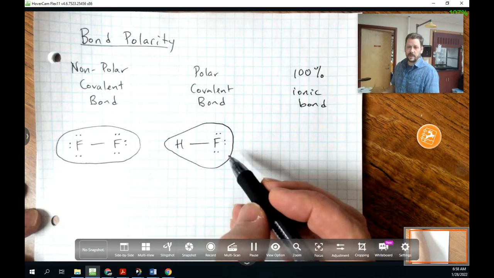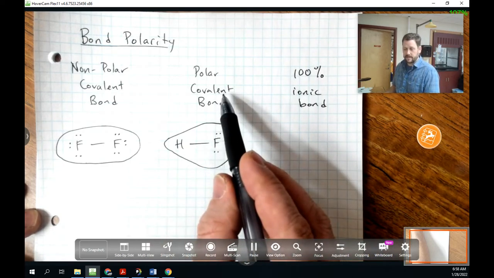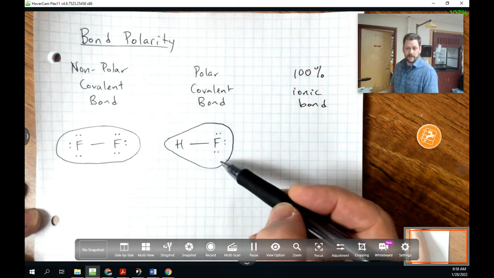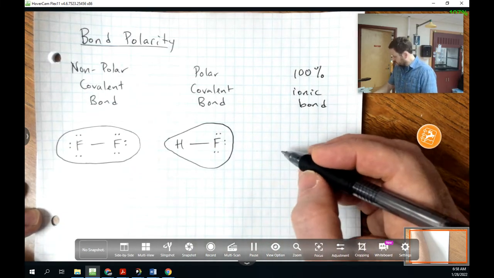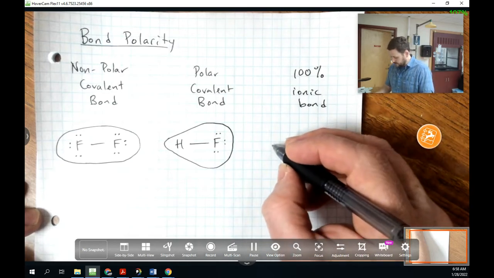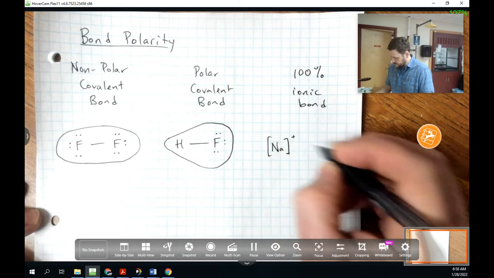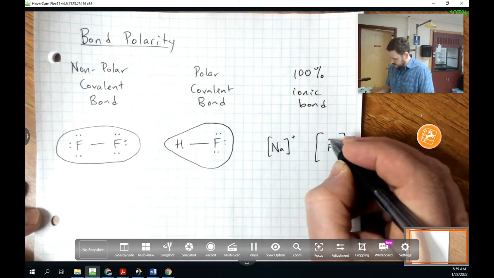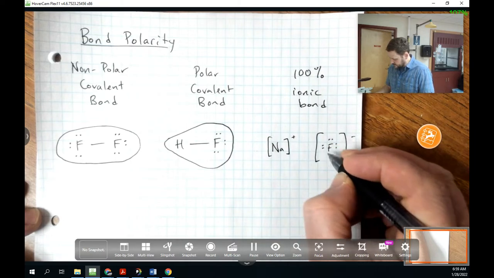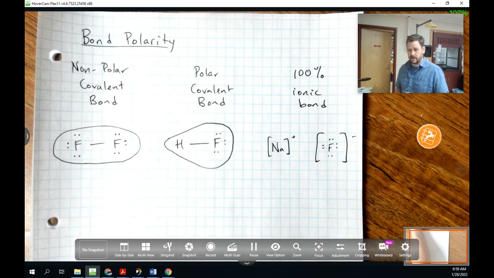This would be a very polar covalent bond because while there is sharing going on, it's not an even sharing. And of course, the last example I'm going to give is where there's no sharing going on at all. And we're going to represent that with sodium fluoride. There's the sodium cation. Here's the fluoride anion, which has already gained an electron, and the sodium has lost one. And there's no sharing going on at all.